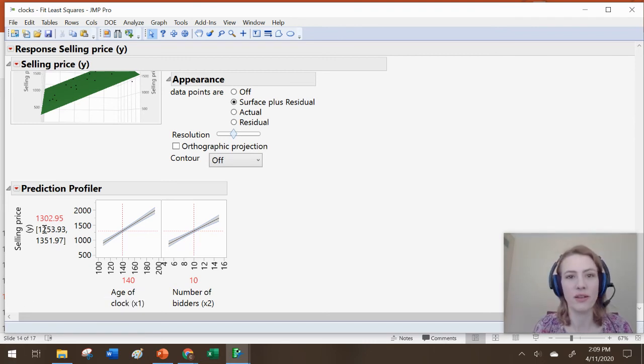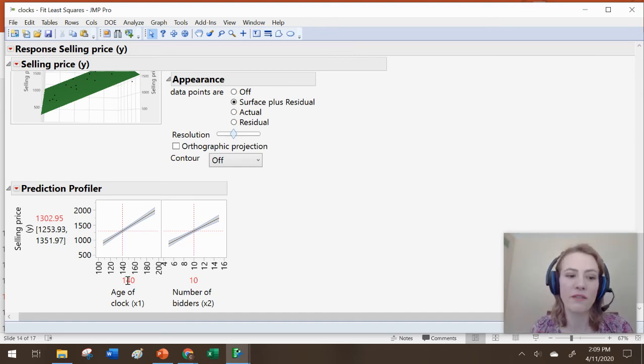That'll be shown on the y-axis here, 1302.95. Now, when I plugged the numbers into my prediction expression, I got 1302.79. So there was just a tiny bit of rounding error because I rounded off my estimates of the beta coefficients to 2 decimal places. JMP kept all the decimal places, and we came up with almost the same amount.